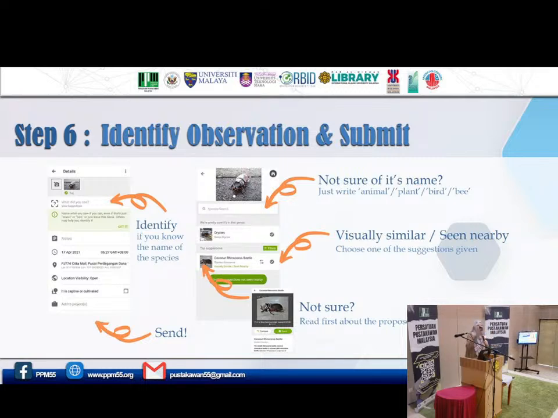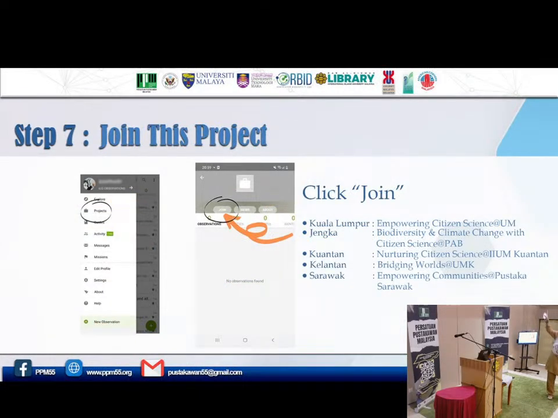Okay, and then it is at the top. Android, how does it appear? It shows featured nearby. You look at the top, project, there is a search bar. You type nurturing, that's the one. Nurturing Citizen Science. Our title is Nurturing Citizen Science at IIUM Kuantan.